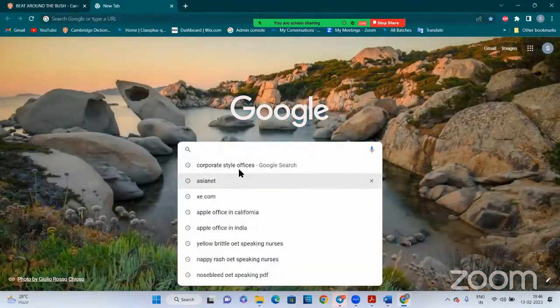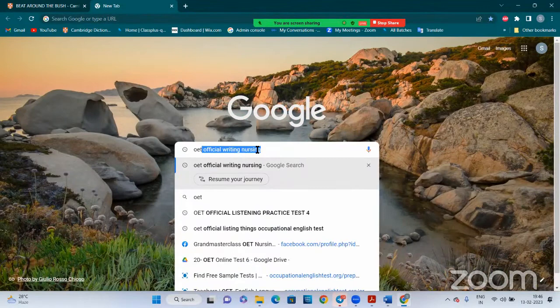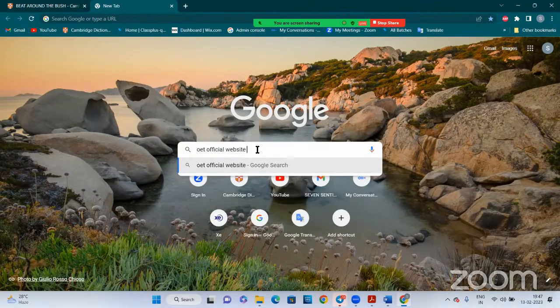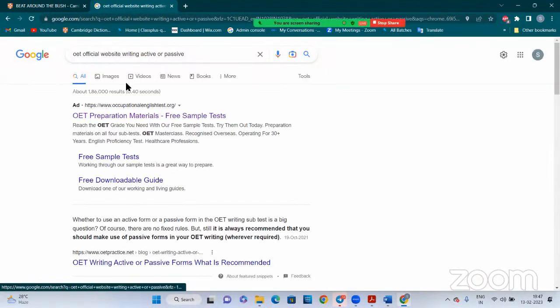You're not important here. So, OET official website, writing, nursing, active or passive. So you can see OET official writing, active or passive, which is important.